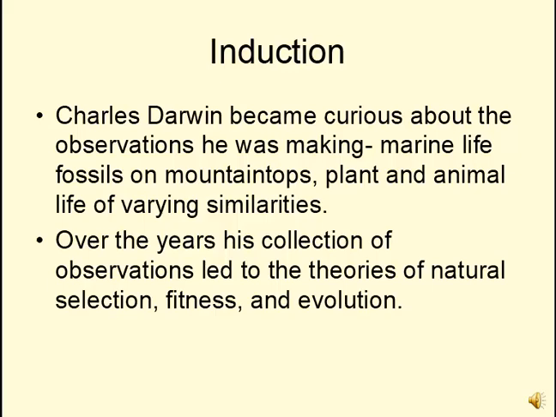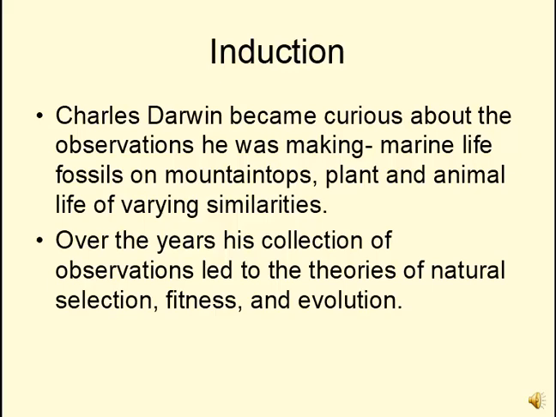So over the years, he collects all of these individual observations about patterns he sees in the natural world. And this leads him to a hypothesis about the principles underlying these observations. Why does he see this varying similarity among plant and animal life?